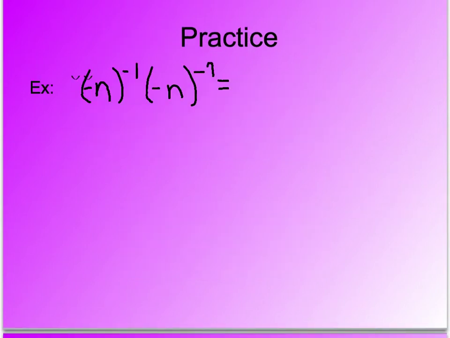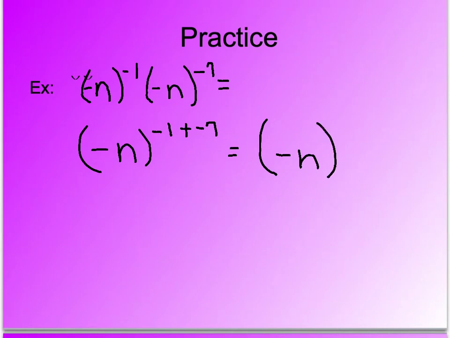So based on the law we just discussed, I have the same base of negative n, and these parentheses mean I'm multiplying these two things together. So I can write this as negative n to the negative 1 plus negative 7, which is equal to negative n raised to the negative 8 power.